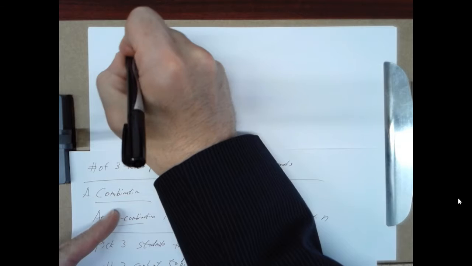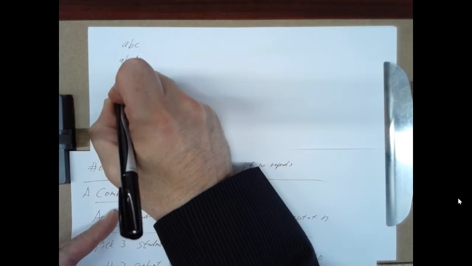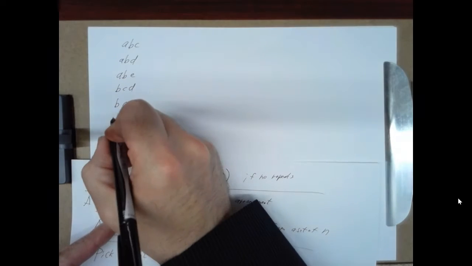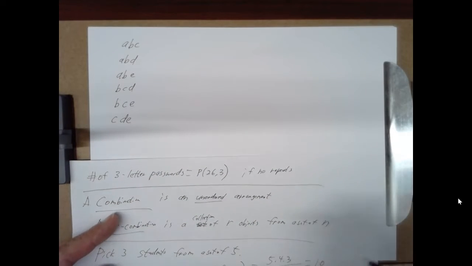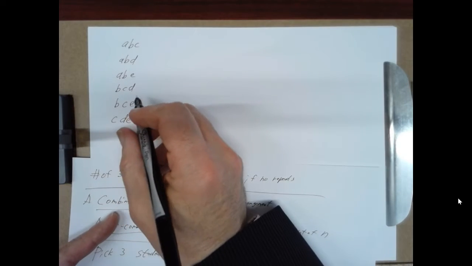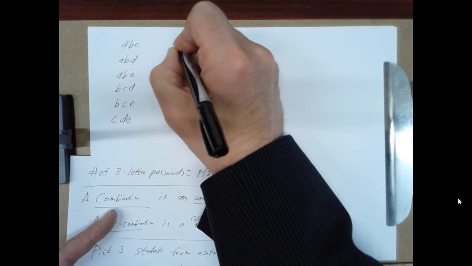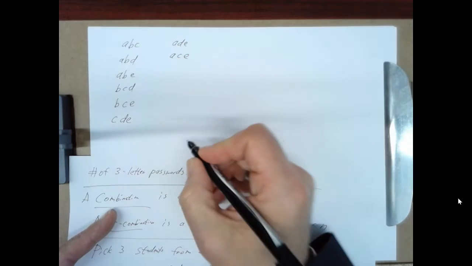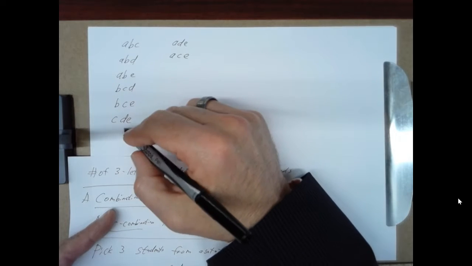So just for completeness, what are they? A, B, C, A, B, D, A, B, E, B, C, D, B, C, E, C, D, E, A, D, E, A, C, E. I'm missing 2.